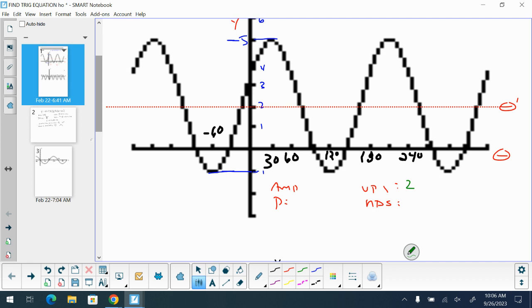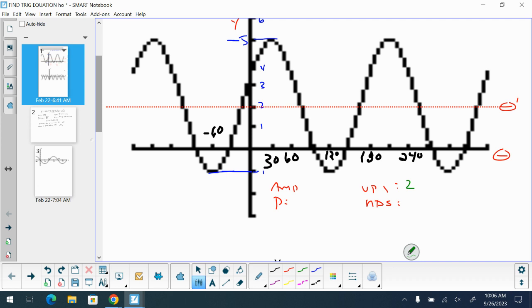It's on day 1, very bottom of the page: the distance from the neutral axis to the peaks and valleys.